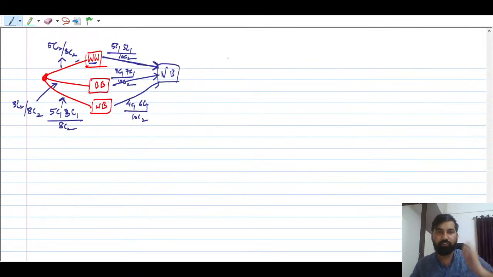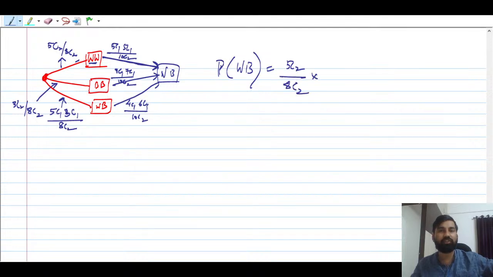Now you have to find the probability of getting black and white, which is equal to 5C2 upon 8C2 into 5C1 upon 10C2, plus. We are multiplying this branch and this branch.